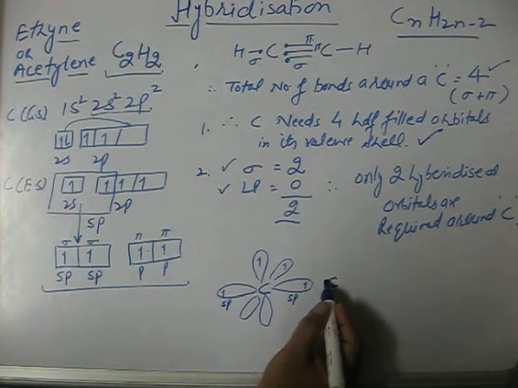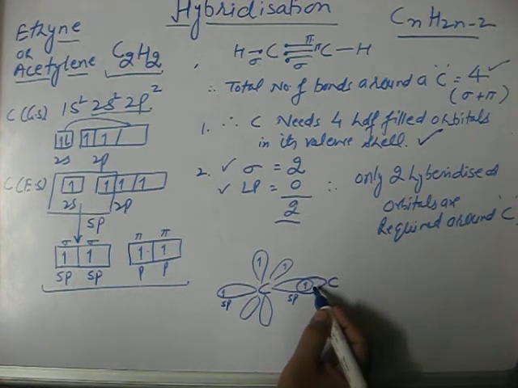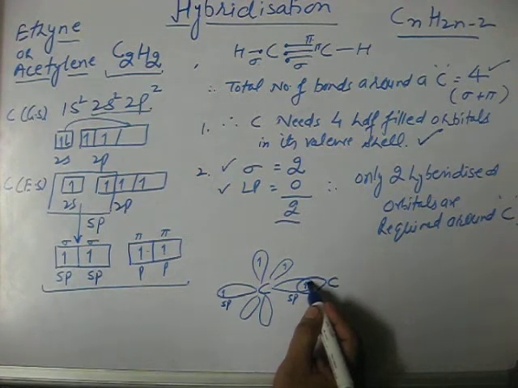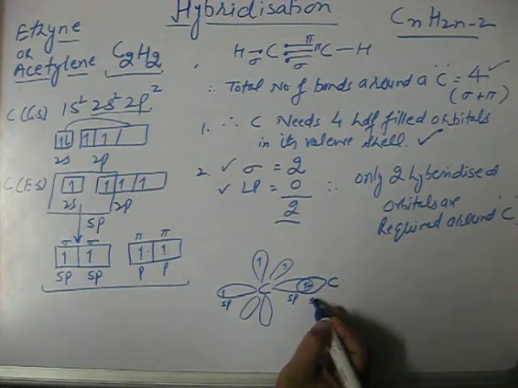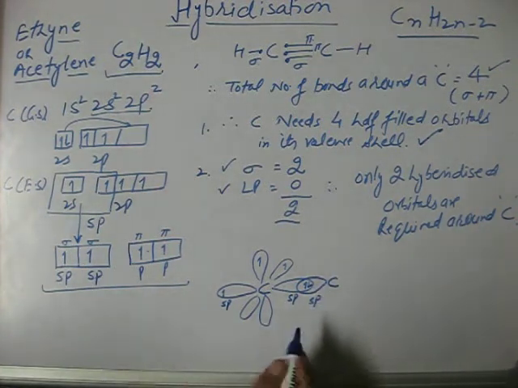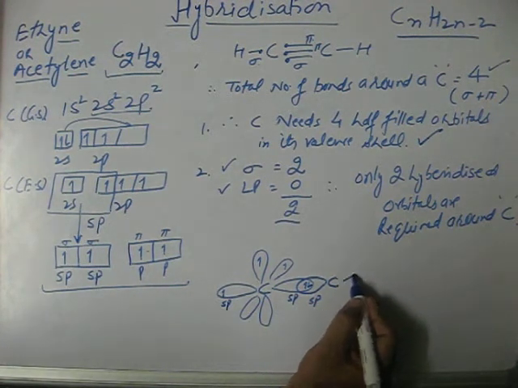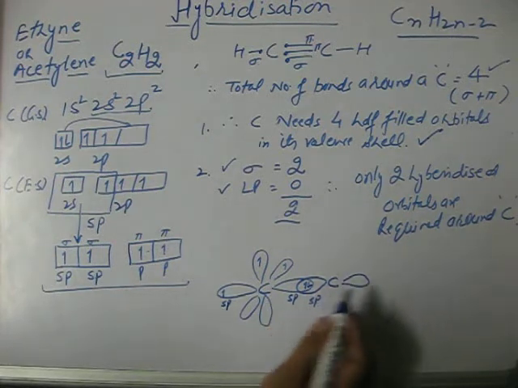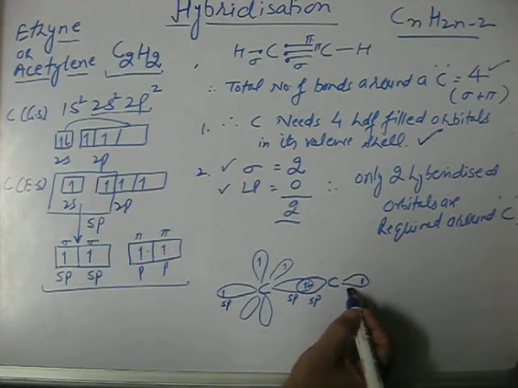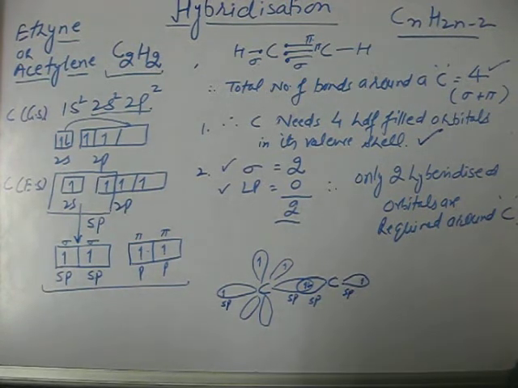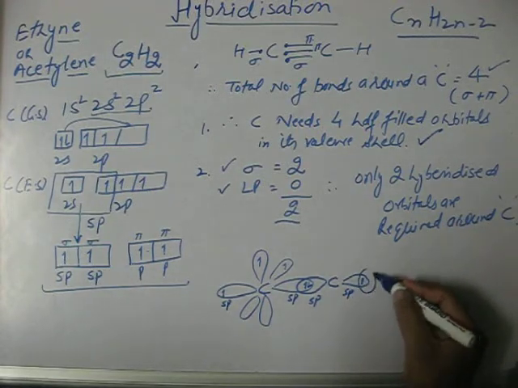It uses its sp hybridized orbital to overlap with the sp hybridized orbital of the other carbon, forming a very strong sigma bond. Hybridized orbitals overlap to a great extent to form stronger bonds as compared to atomic orbitals. So this is another sp hybridized orbital. Now this hybridized orbital will be used to form a sigma bond with hydrogen.